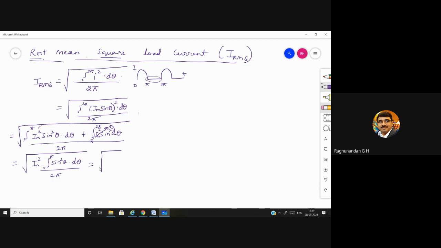It is root of Im square by 2 pi, and we will write 1 minus cos 2 theta by 2. So that trigonometric formula we have applied. Now after that, again integrating it individually.